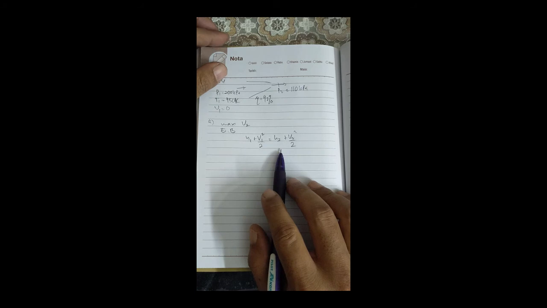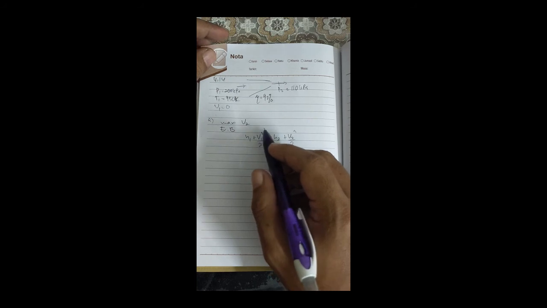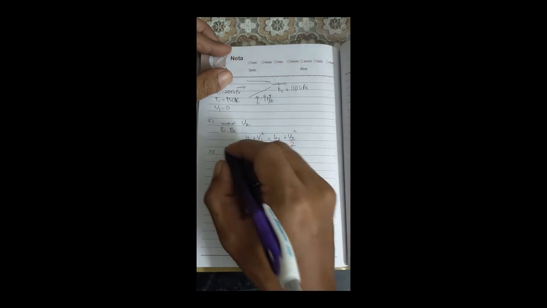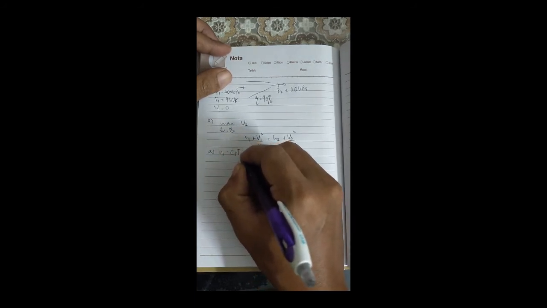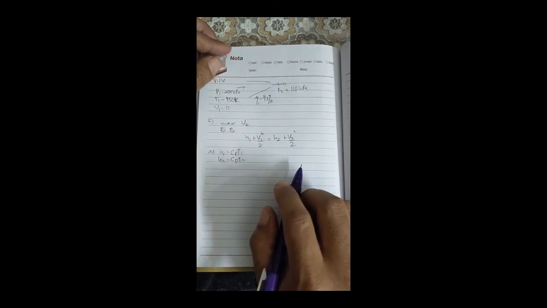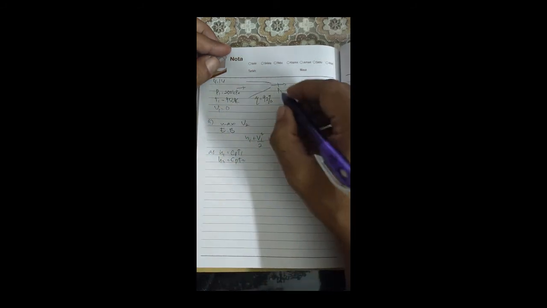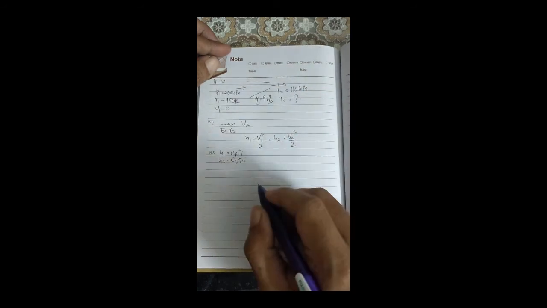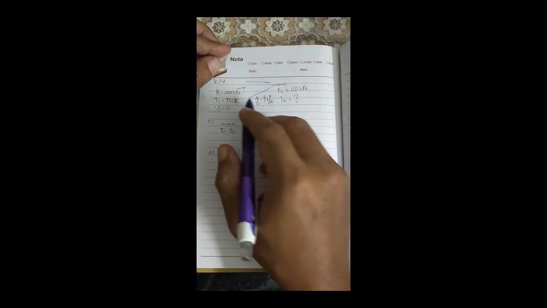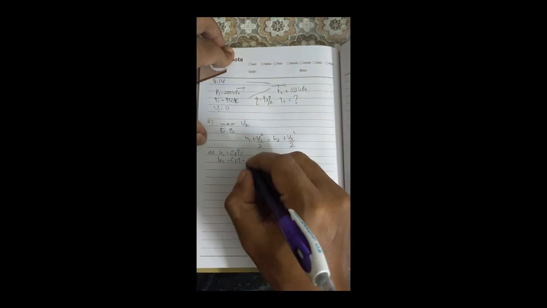What we need is the enthalpy: H1 is Cp T1, H2 is Cp T2. T1 we have been given directly, T2 we can calculate. So this is isentropic, so this is S.